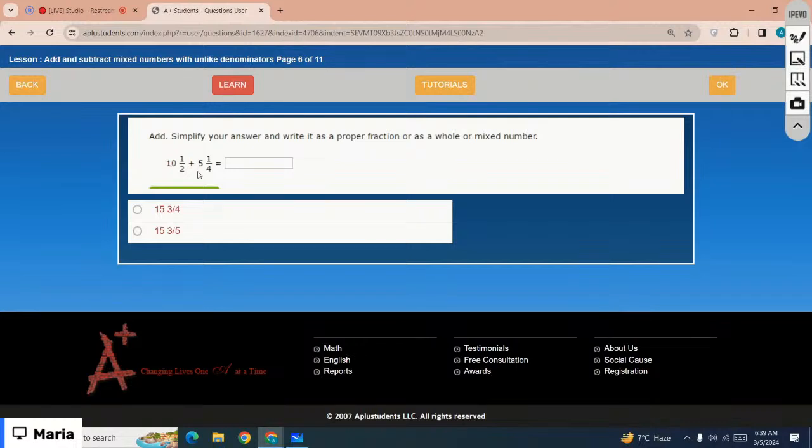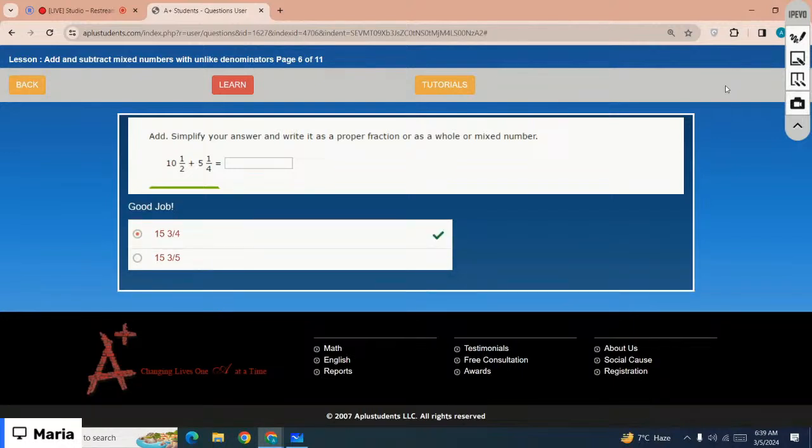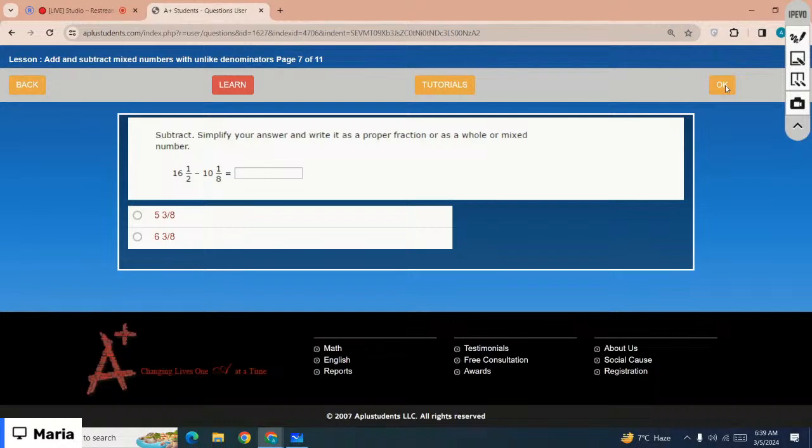Option number 1 is the correct option. 16 whole 1 over 2 minus 10 whole 1 over 8, which is the correct option?